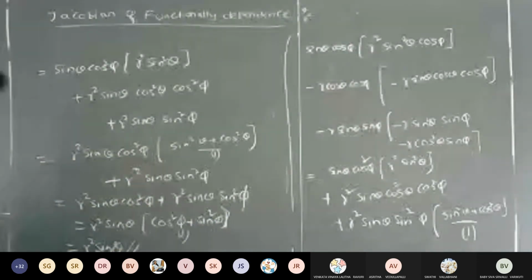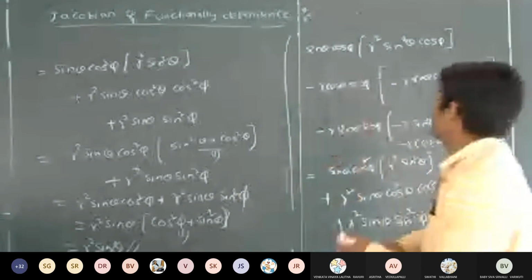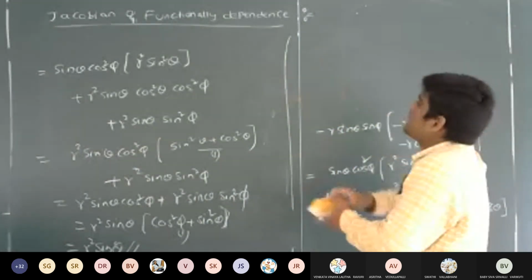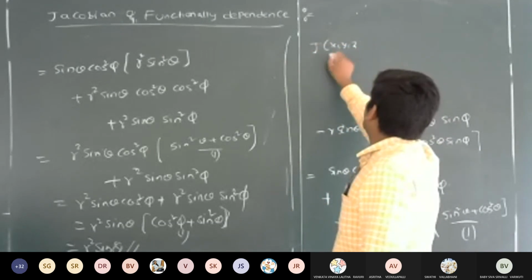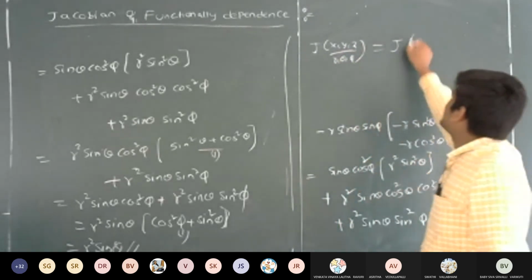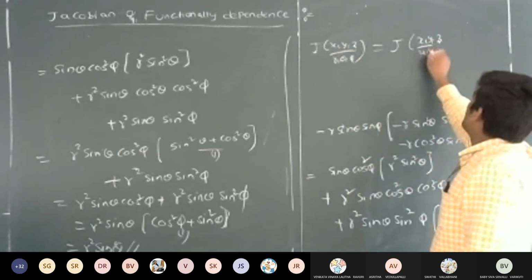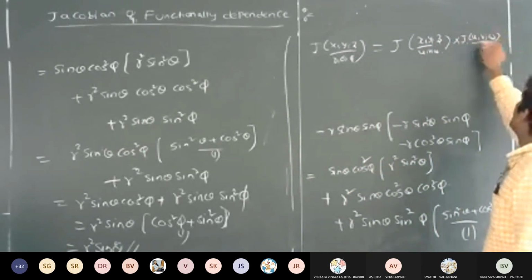So this is the Jacobian, the second value, right? But what they are asking is to calculate the Jacobian of the variables x comma y comma z by r comma theta comma phi. So we are splitting it as x comma y comma z by u comma v comma w, and u comma v comma w by r comma theta comma phi.